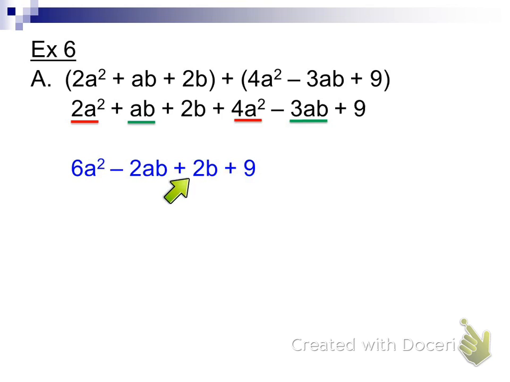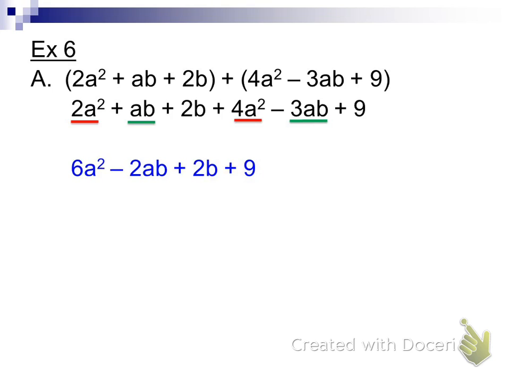Then we want the B's. Then we want the regular old constants. So we'll have 6a squared. Here we have 1ab minus 3ab. That's minus 2ab. Nothing combines with this b. Leave it alone. Nothing combines with the 9. Leave it alone.